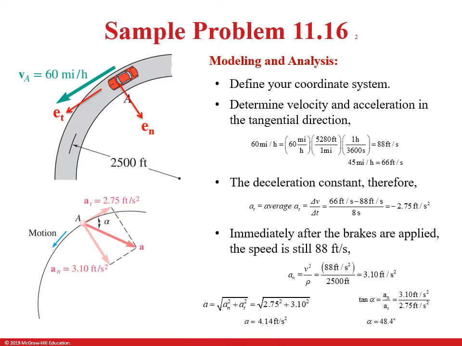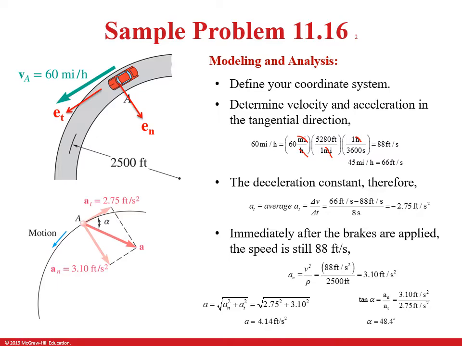Make sure it's not like 8 billion feet per second, but it's pretty simple to do if you take your time and make sure these things cancel out. Like miles cancels out here, hours cancels out here, and then feet per second. So we do that. We get 88 feet per second and 66 feet per second.